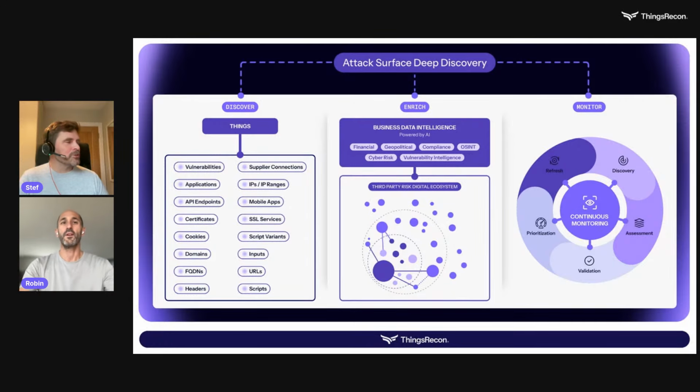Let's call them digital shadow suppliers. Maybe you can give some examples of suppliers we found which were, for example, not approved by or even not inside of security teams and procurement.